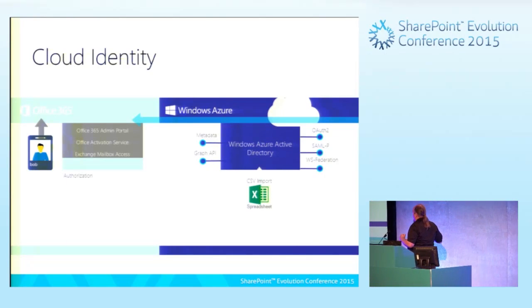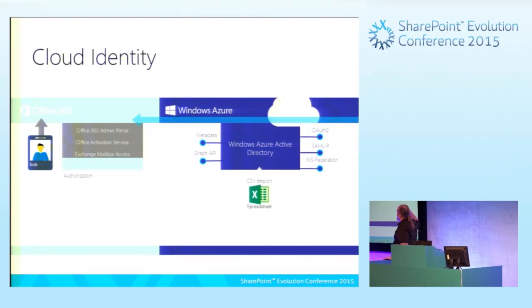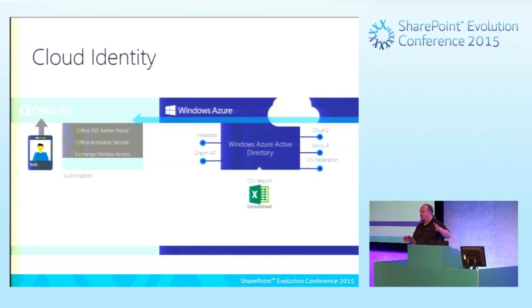You can even integrate Windows Azure Active Directory with your on-premises Active Directory, so that if you have some external users added as cloud identities, you can authenticate against Windows Azure Active Directory even from your on-premises SharePoint environment. This plays a big role, especially for other services like Azure or CRM Online, which all leverage the same Azure Active Directory. That's a key component there.